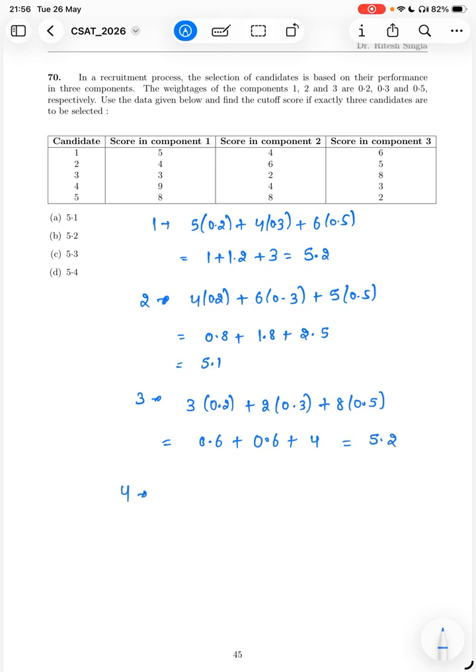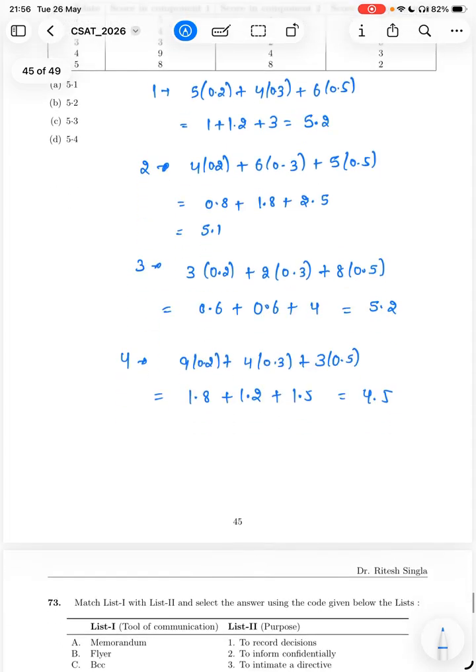Similarly, for candidate 4, it is 9 times 0.2 plus 4 times 0.3 plus 3 times 0.5, which is 1.8 plus 1.2 plus 1.5, which is 4.5. And for candidate 5, it is 8 times 0.2 plus 8 times 0.3 plus 2 times 0.5.